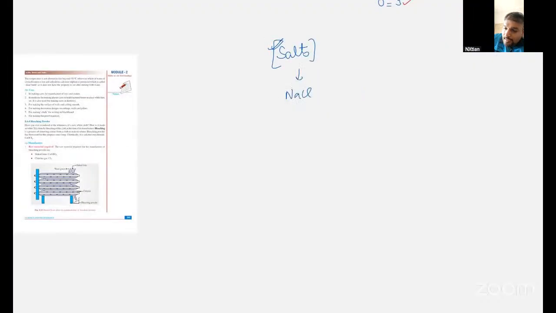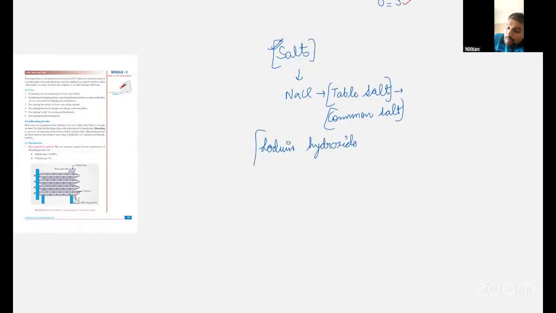Yes, NaCl is also called table salt, or we can also call it common salt. The chemical name is sodium chloride.